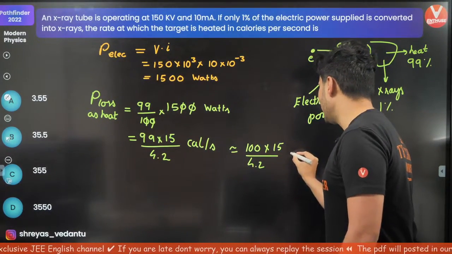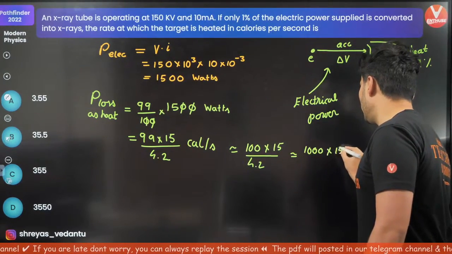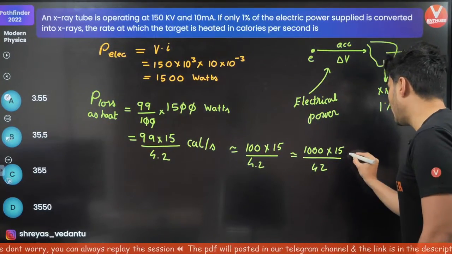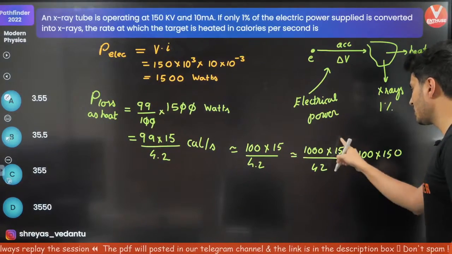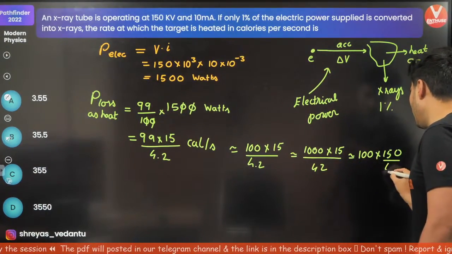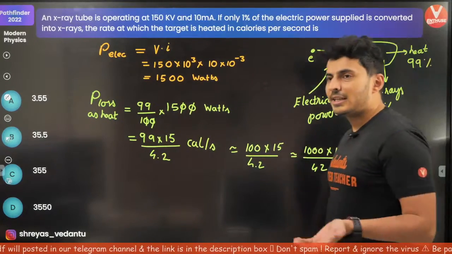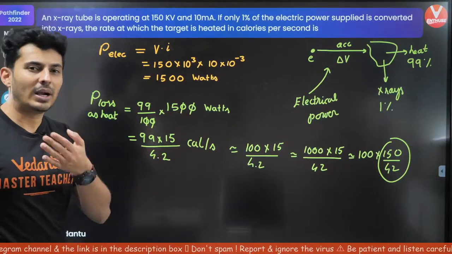You can shift the decimals if you want. So it will look like 1000 into 15, and this will be 42. Now I can just play around with this, 100 into 150, just shift a 0 here, divided by 42. Now I know this number, 42 into 3, 126.